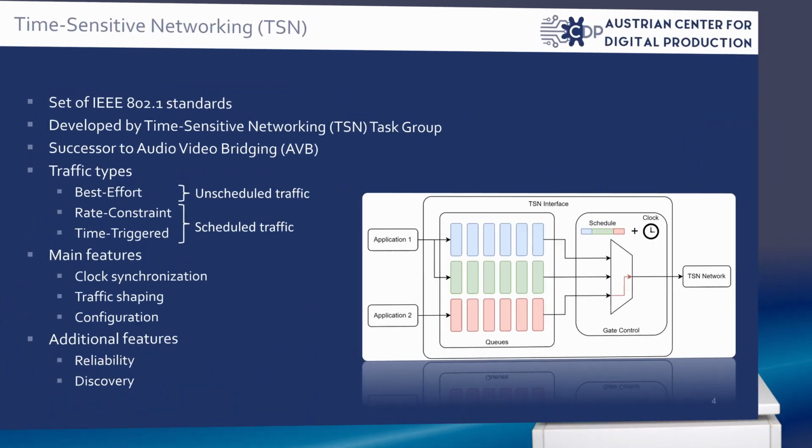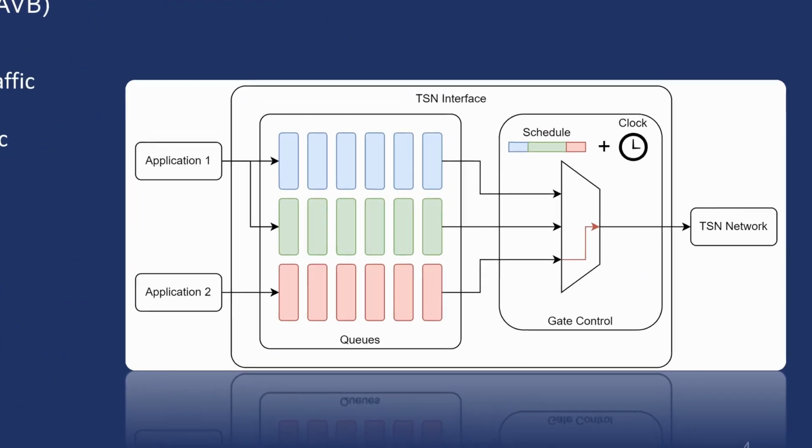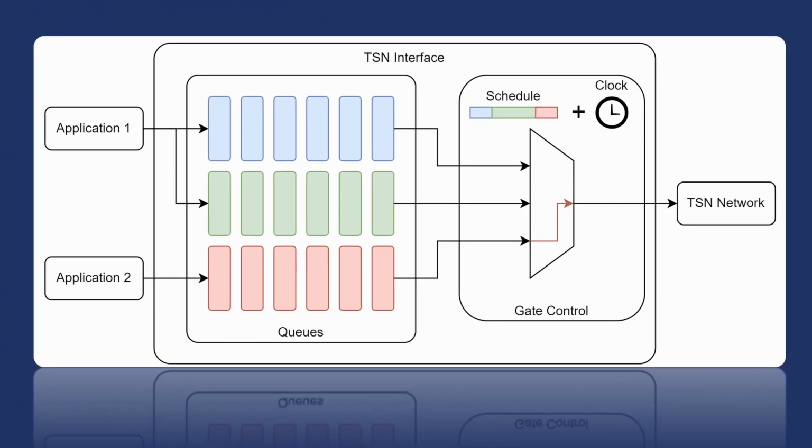For this to work, a time-sensitive networking interface has to support a number of features. First and foremost, these are different queues. A time-sensitive networking interface will support up to 8 different queues, and each of these queues can be assigned a different priority. These queues can then be used for different traffic types. The second main part is the gate control algorithm, which selects a packet from each queue to be transmitted next.